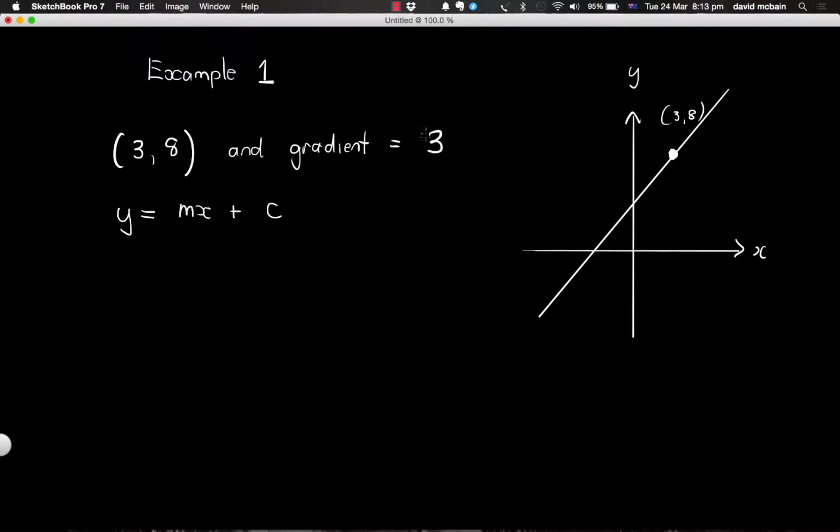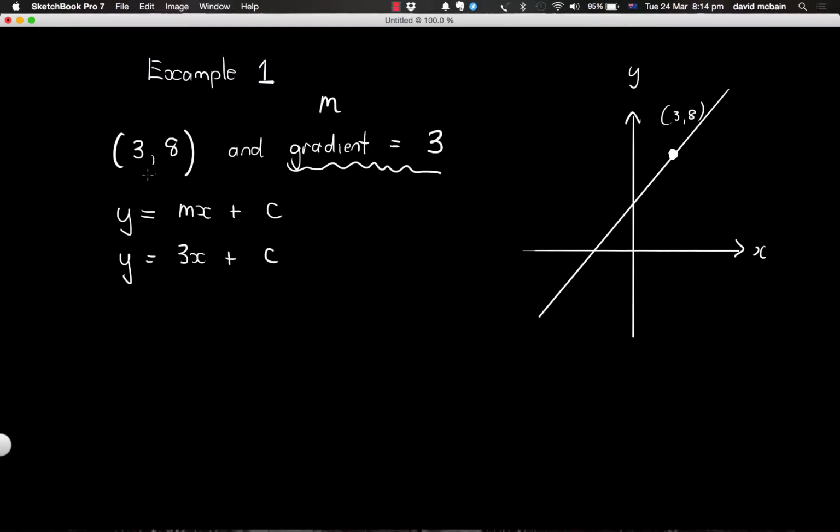Now in this case, we know that the gradient is 3. So I can now say that y equals 3x plus c. So that instantly gives me the value of m, because remember, m is the gradient in our general form. So we've got some of the way, but we haven't got our y-intercept.